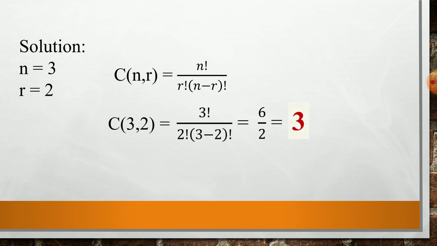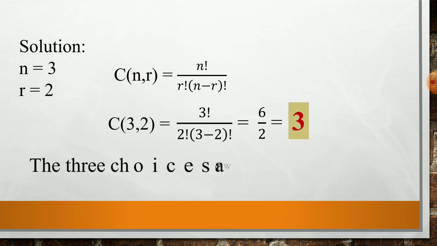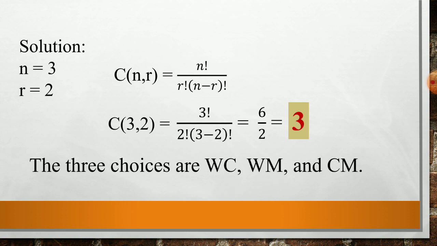So, the three choices are a pregnant woman and a child. We also have a pregnant woman and an elderly man. And we also have a child and an elderly man. Note that the child and a pregnant woman is also the same as the woman and a child.